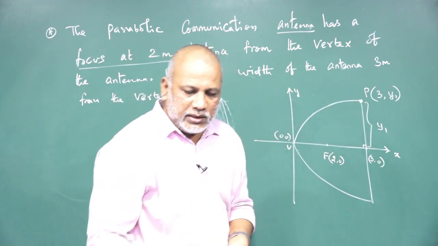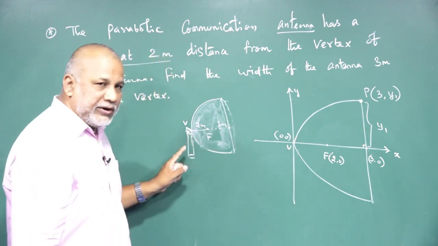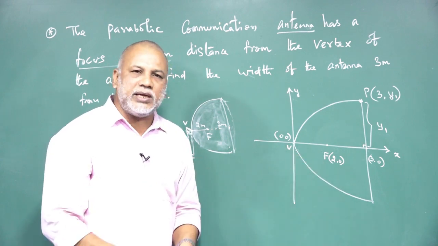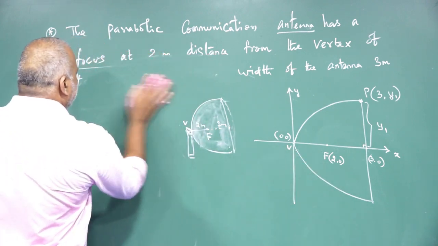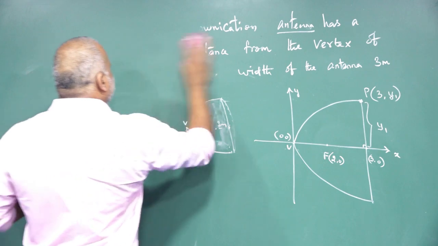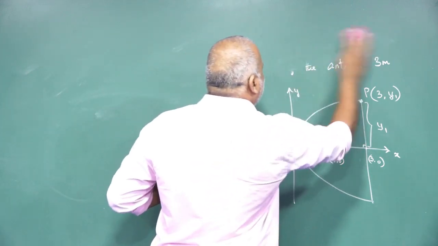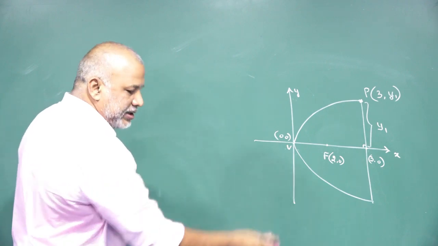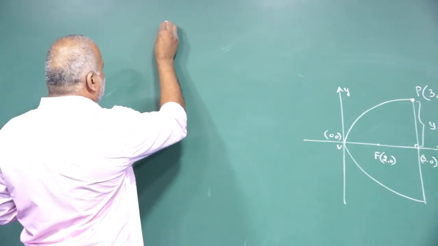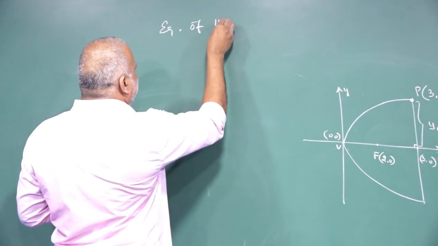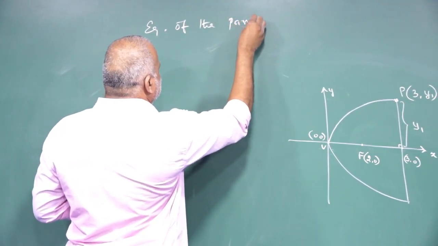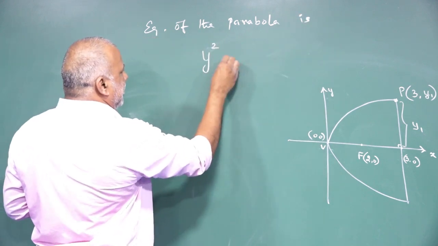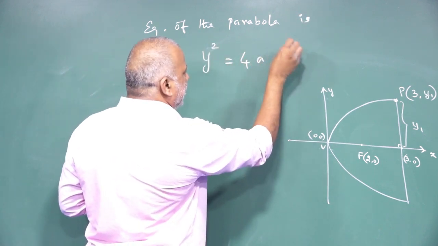This is just information. Take the rough diagram first, and after that convert it into a fair diagram, with the help of the parabolic diagram. Now we are going to select the equation. Now listen. The equation of this parabola, selecting type number 1, is y squared equal to 4ax.